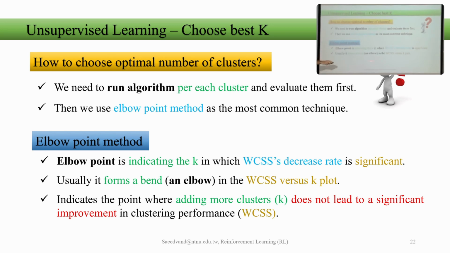So usually the decrease forms a bend, and it is called an elbow, like an elbow that is bending. You see my arm is bending somewhere in the decreasing part. We want to find that point, and then choose K based on the WCSS.